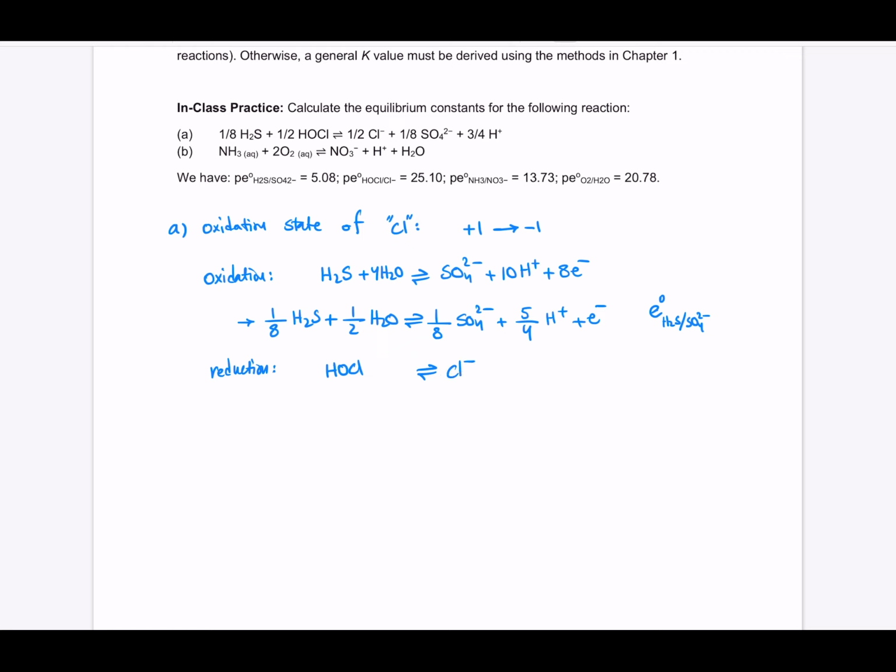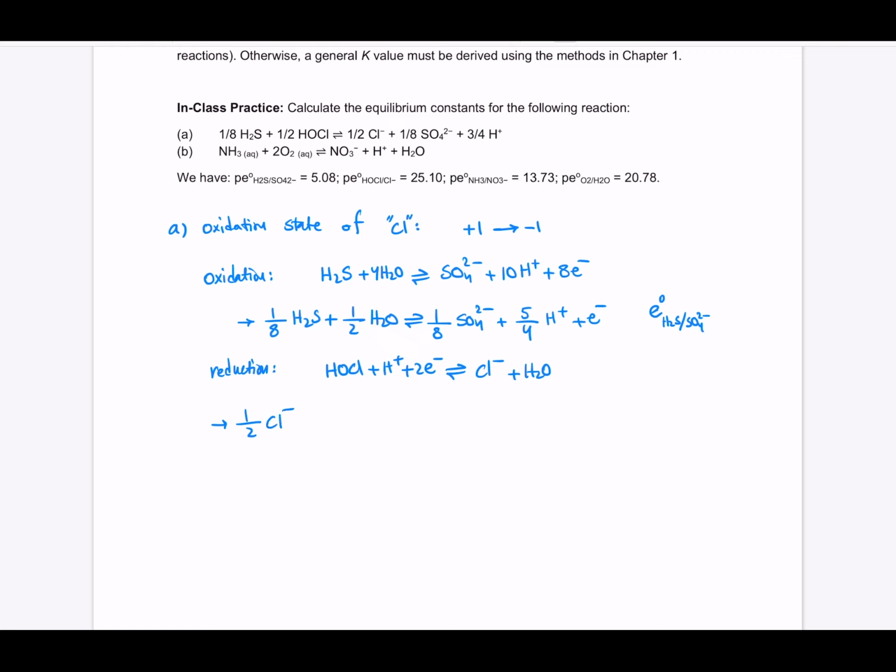Again, if we balance this reaction, eventually this would be something like this: H plus, 2 electrons. In the standard notation, first we need to make it reductive and then divide it by 2.